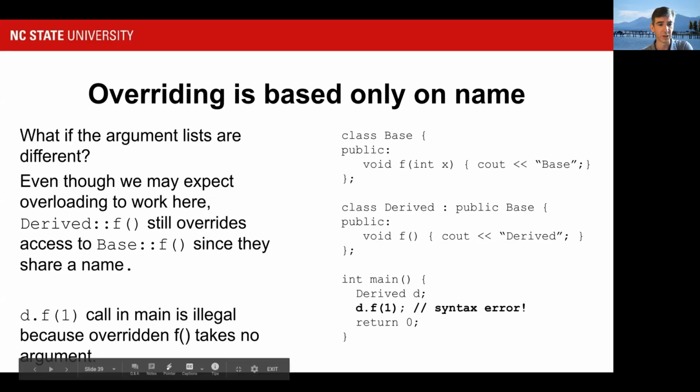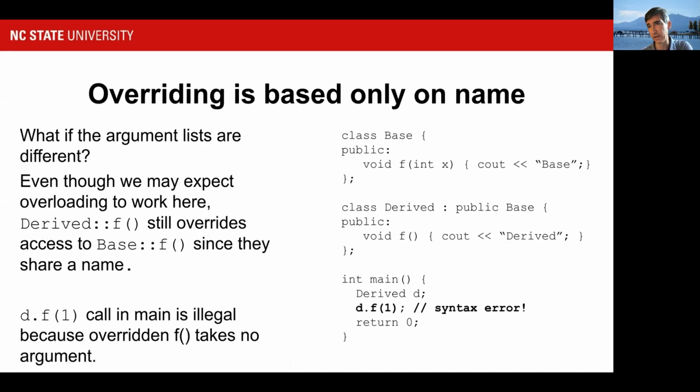And since they share a name, we can't call that function directly anymore. So that's both a good thing and a bad thing. It's a good thing because if you're implementing a class with inheritance and you provide an override, then it's kind of letting you know you might have messed up, right? You didn't quite match the signature of that overridden function. So it's kind of like a helpful warning message from the compiler that you did something wrong.